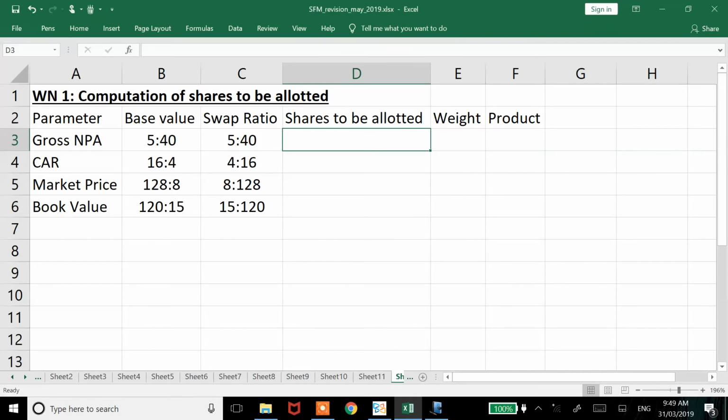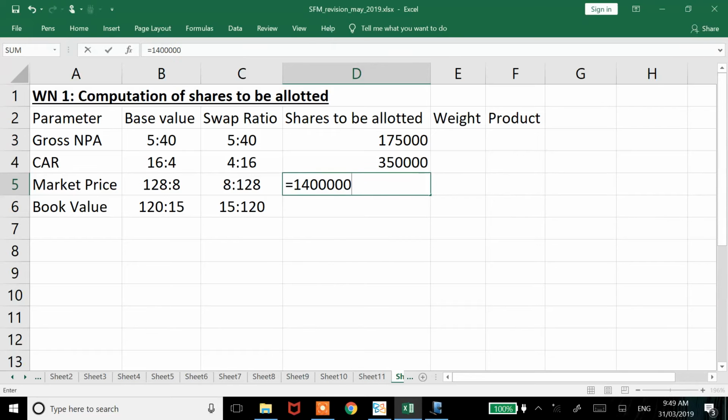The other entity had 14 lakh shares, so 14 lakhs into 5 by 40, 14 lakhs into 4 by 16, into 8 by 128, into 15 by 120.